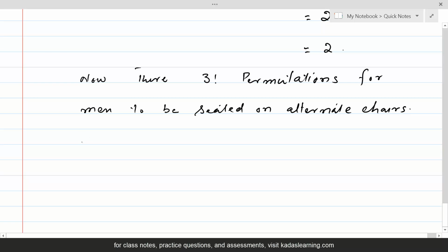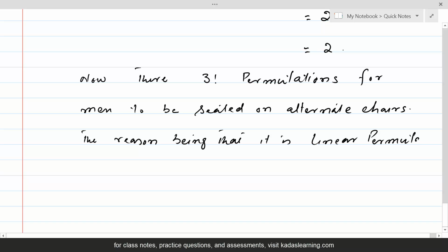The reason being that it is a linear permutation for seating arrangements of men.